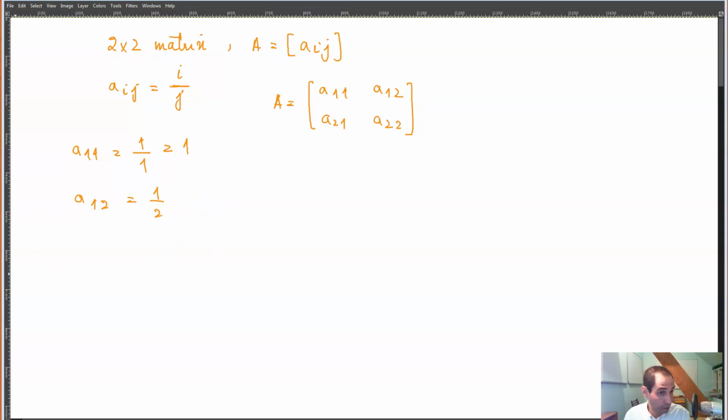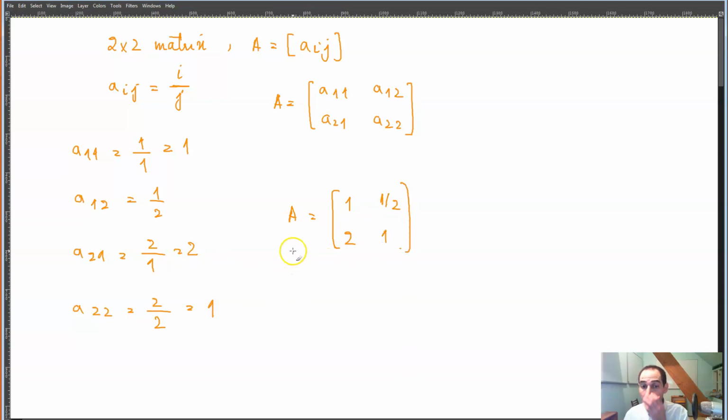A of 2 1 would be equal to 2 divided by 1, which is equal to 2. And A of 2 2 would be equal to 2 divided by 2, which is equal to 1. And therefore your matrix becomes A of 1 1 is equal to 1, A of 1 2 is equal to 1 half, A of 2 1 is equal to 2, and A of 2 2 is equal to 1, right?